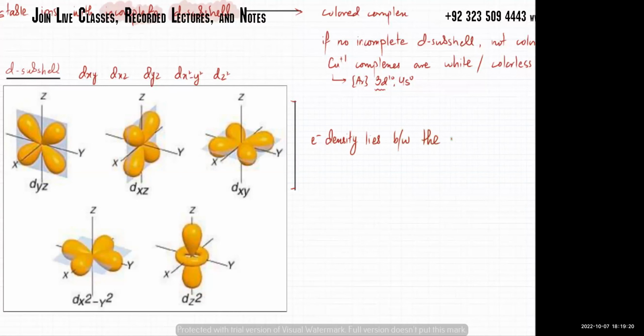It's always lying between the axes for dxy, dxz, dyz. और ये जो दो है ना, जो bottom ones, these ones, their electron density is lying on the axis.